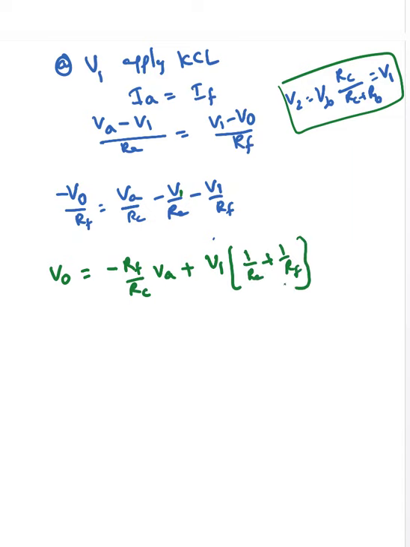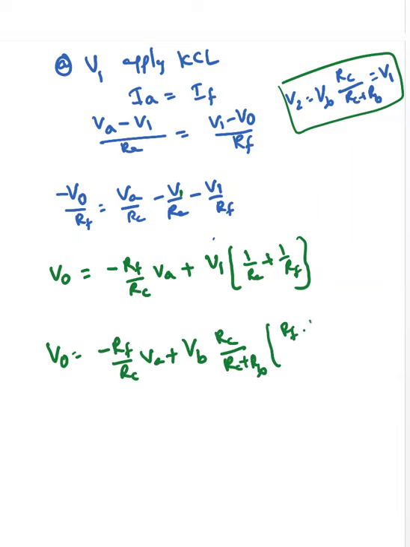Basically those two are in parallel. Now I'm going to place V2 here. So V0 will end up as minus RF over RA times VA plus VB times RC over RC plus RB times RF plus RA over RA.